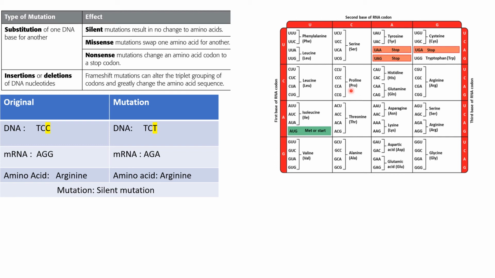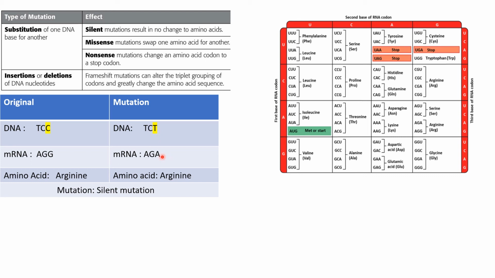To give you an example, substitution mutations could have different effects, a silent, a missense, or a nonsense type of effect. Let's go ahead and look at the silent effect or the silent mutation. So if this is the original DNA, and after building the messenger RNA and looking at the chart, the amino acid that resulted was arginine, and we go through a mutation, and that mutation resulted in a change in our messenger RNA after changing that base right here within our DNA.